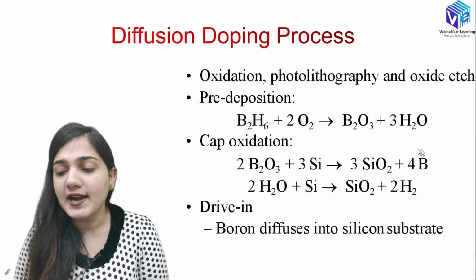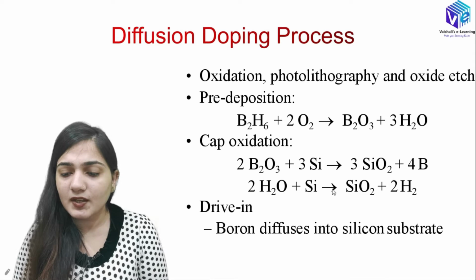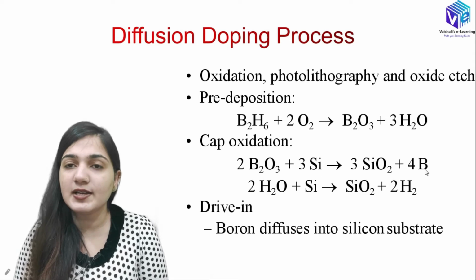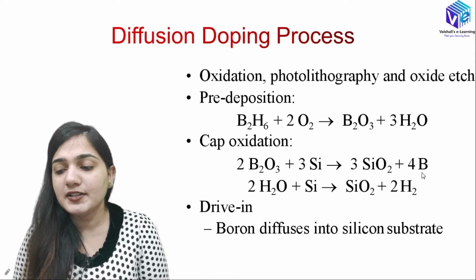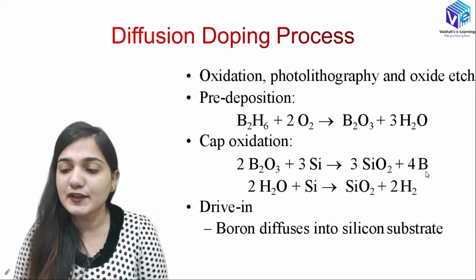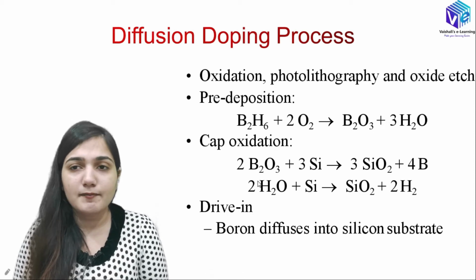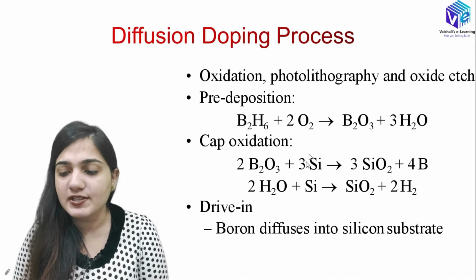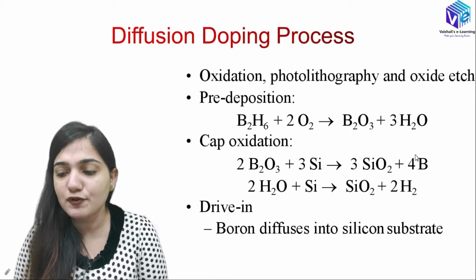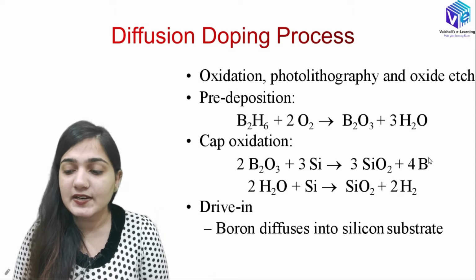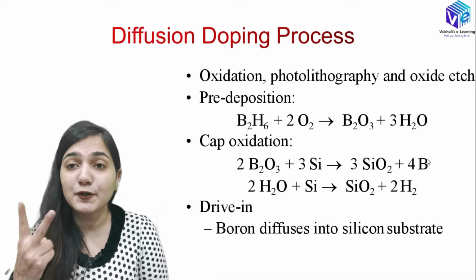Plus, the boron that is released here will be diffusing inside the silicon, so the boron will be in higher concentration over the silicon. So this boron oxide makes my silicon into silicon dioxide and also provides boron for diffusion inside the silicon substrate. So it is serving two purposes.